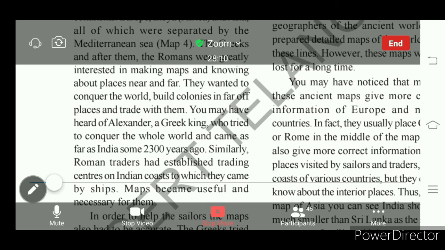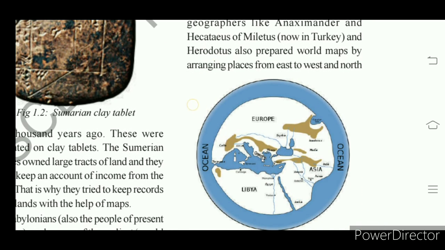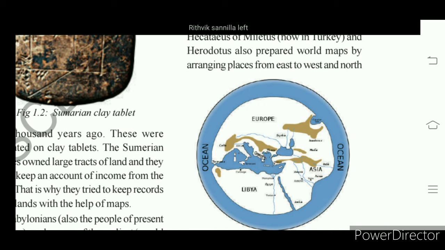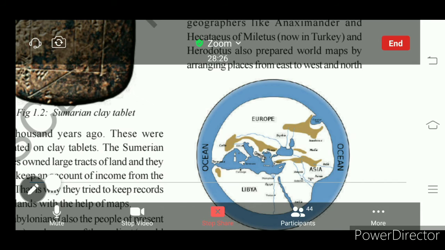using the latitudes and longitudes. Understand? Ptolemy, the ancient geographer, for the first time prepared the world map using the latitudes and longitudes.